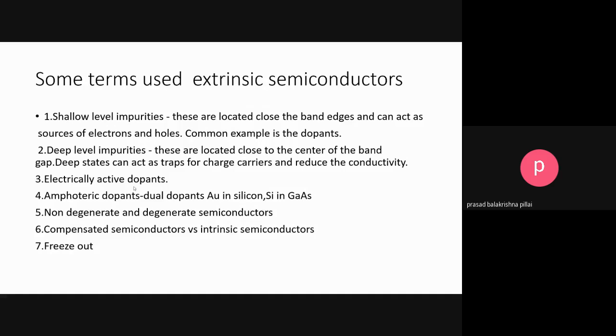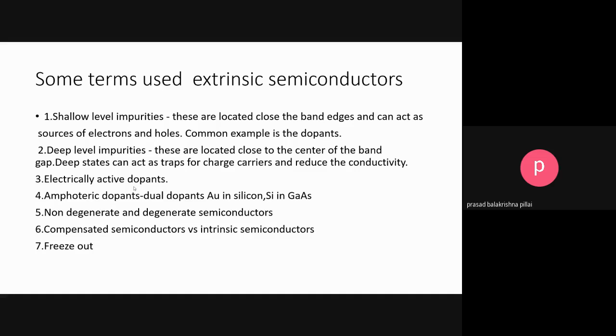Similarly, if you are adding N borons, we are expected to get N additional holes. Such dopants are known as electrically active dopants because they are adding additional carriers. So this is another name very often used for acceptors or donors.